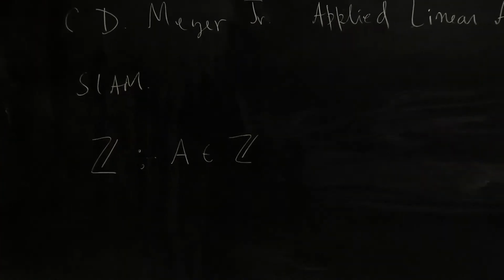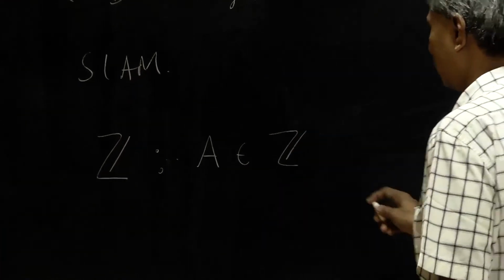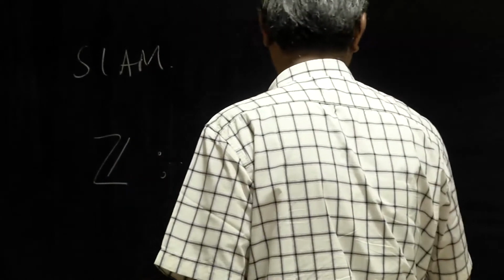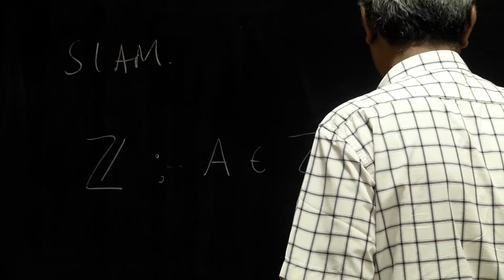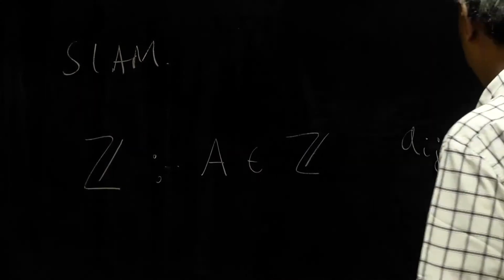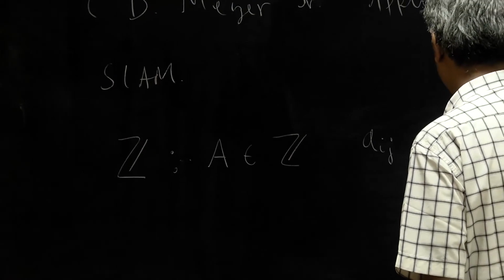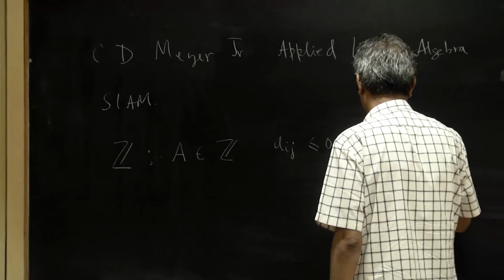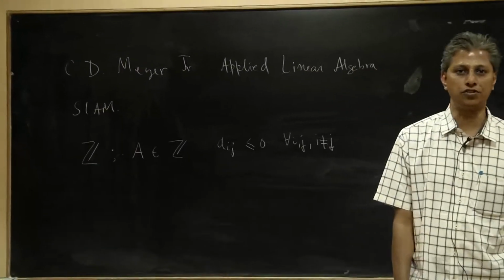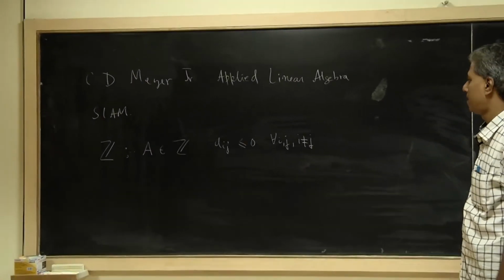By the way, these are square matrices. I'll use a_ij to denote the entries of A. A is Z means that a_ij is non-positive for all i, j whenever i is not equal to j. Off-diagonal entries are non-positive. That's called a Z-matrix.